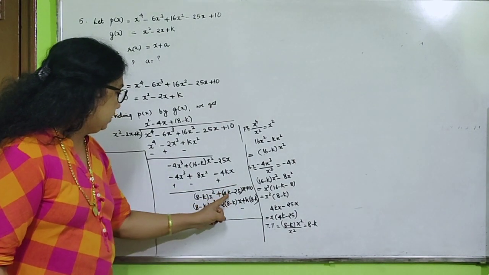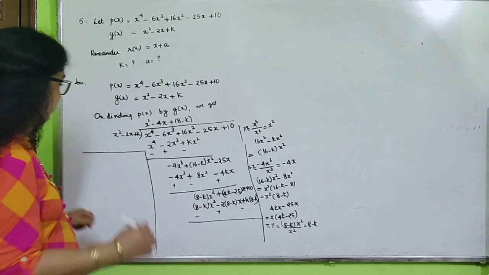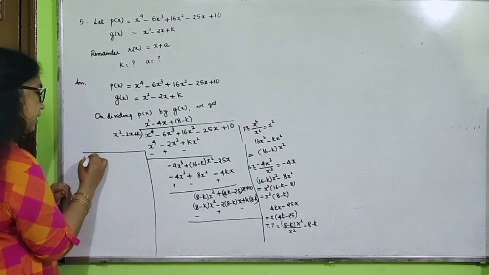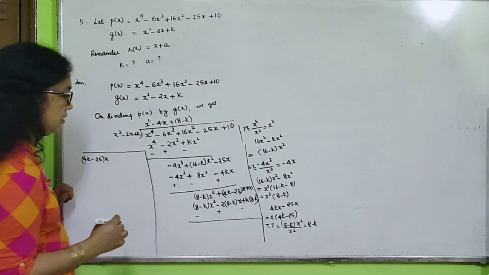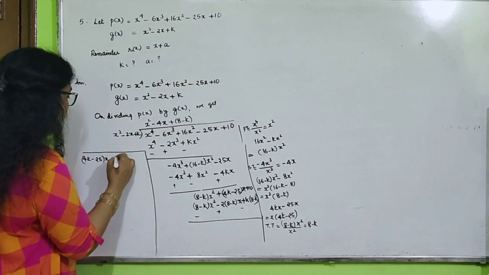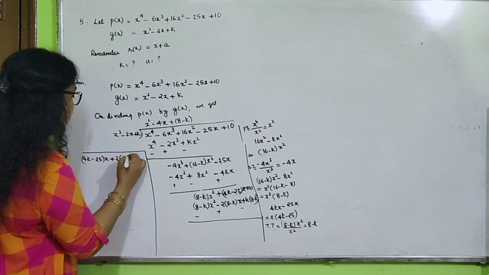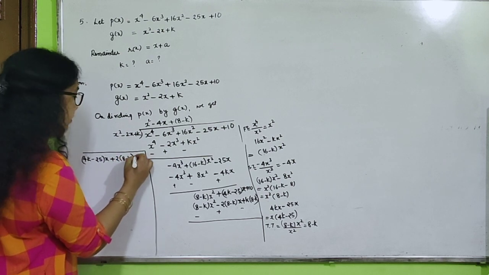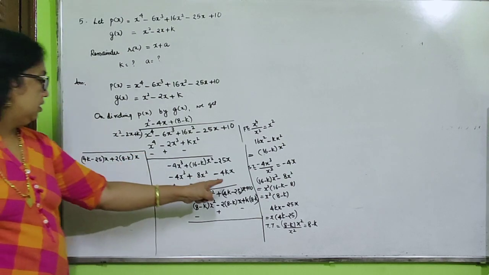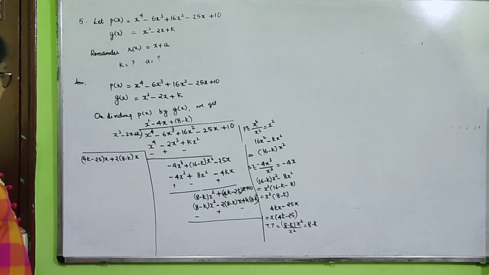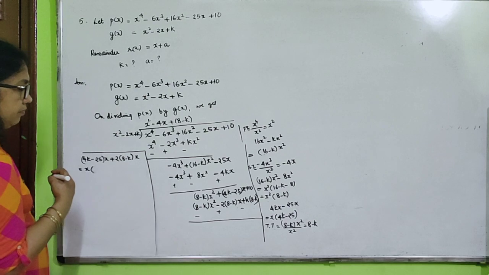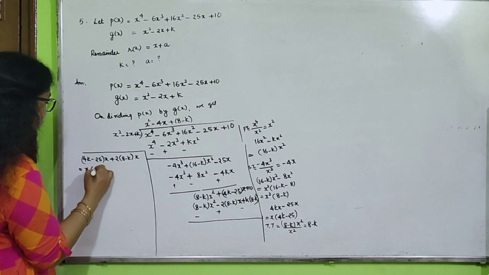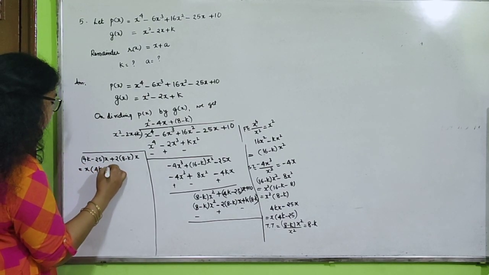Plus plus, same sign. So 4k minus 25 into x plus 2 into 8 minus k into x. These two terms you have to add. So what is common? x common. Take it outside. So 4k minus 25 here.